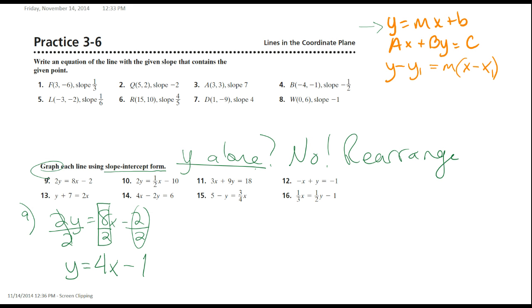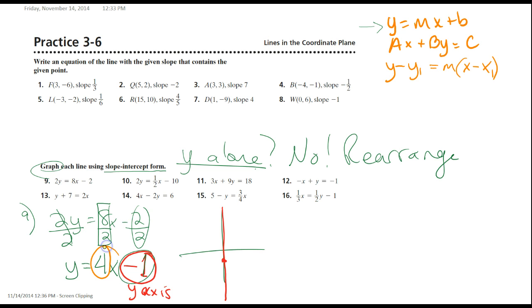No, I have to graph this. Here are my axes, and the first place I put the pencil down, or the stylus as the case may be, will be on negative 1. And that's always on the y-axis, because that is my y-intercept. So here's my y-axis, negative 1 will be about here. Now I do the slope.